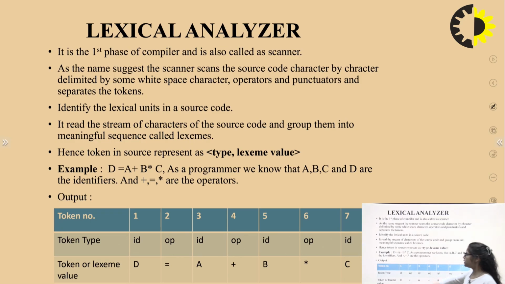Obviously, the first one is identifier, the second one is operator, then identifier, operator, and so on, and these are the values. This is the representation of the lexical analyzer. Just like that, all the other phases represent different things in a different format.